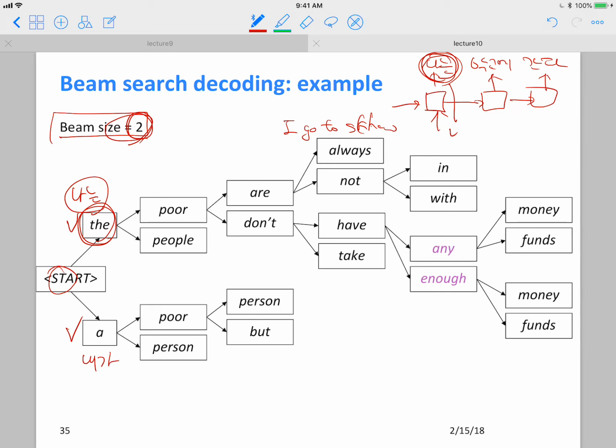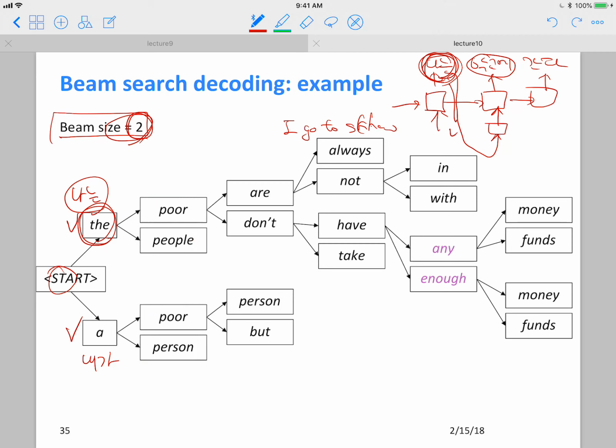In the case of 나는, we put it into the next time step's input word, and try to generate the most probable words as the second time step's output, right? And here, I don't think this figure is correct. It's a little bit misleading, or even incorrect.